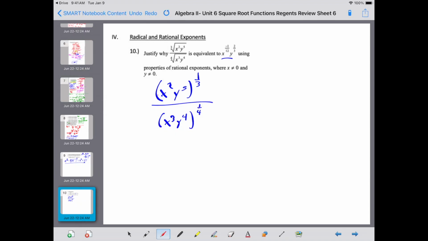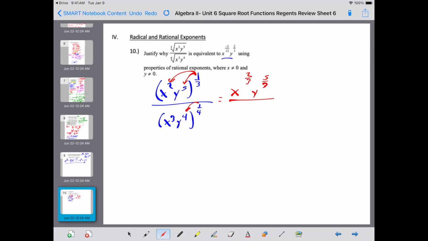Remember, let's pretend there was like a 7 in front of there. Let's say there was a 7 here. Remember, you have to distribute the exponent even to the coefficient. But there wasn't. So we have exponent with an exponent, power law. So you can multiply: x to the 2/3, y to the 5/3.